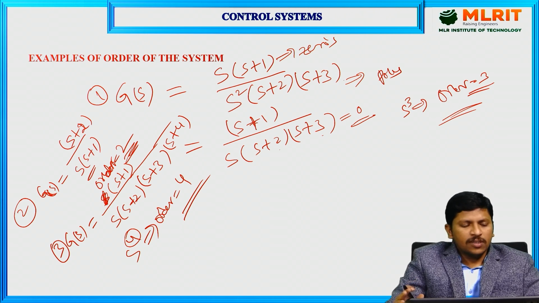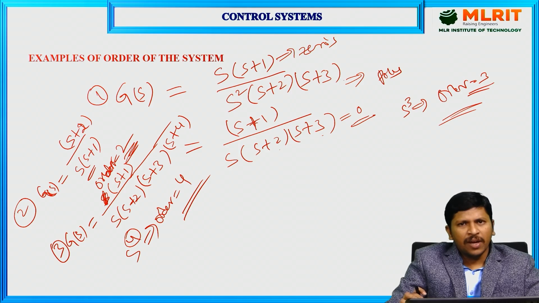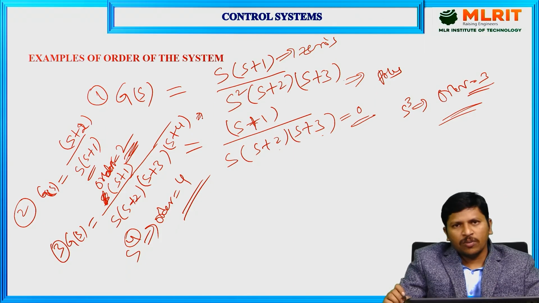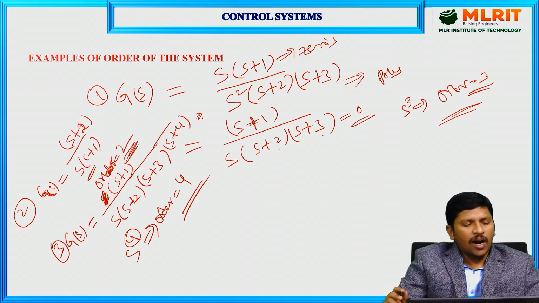The denominator polynomial is nothing but the poles. The poles also give information about the order of the system, as well as the maximum power of the s term in the denominator part of the transfer function. The denominator part gives the information about the order of the system.